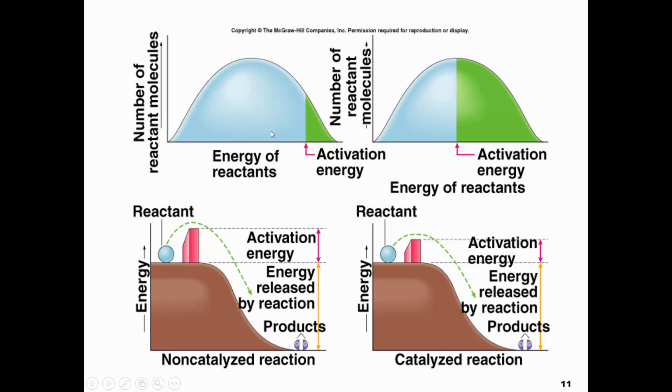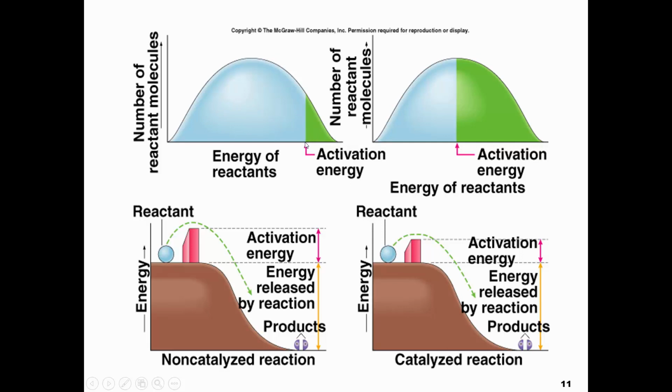And this means that up here, we have the number of reactant molecules or substrate molecules on the y-axis, and this bell-shaped curve, and then we have the energy of the reactants on the x-axis. So when the activation energy is quite high, a very small percentage of the overall reactant molecules have enough energy.